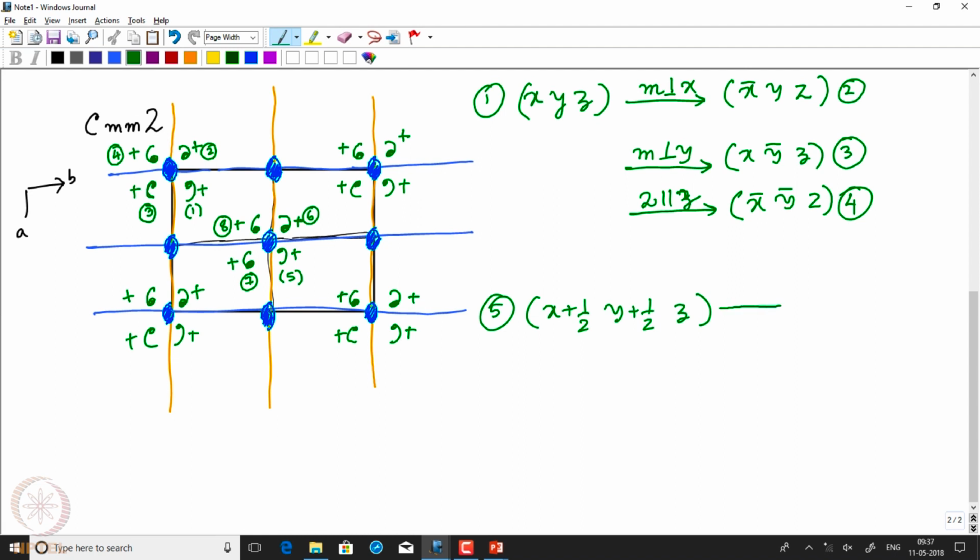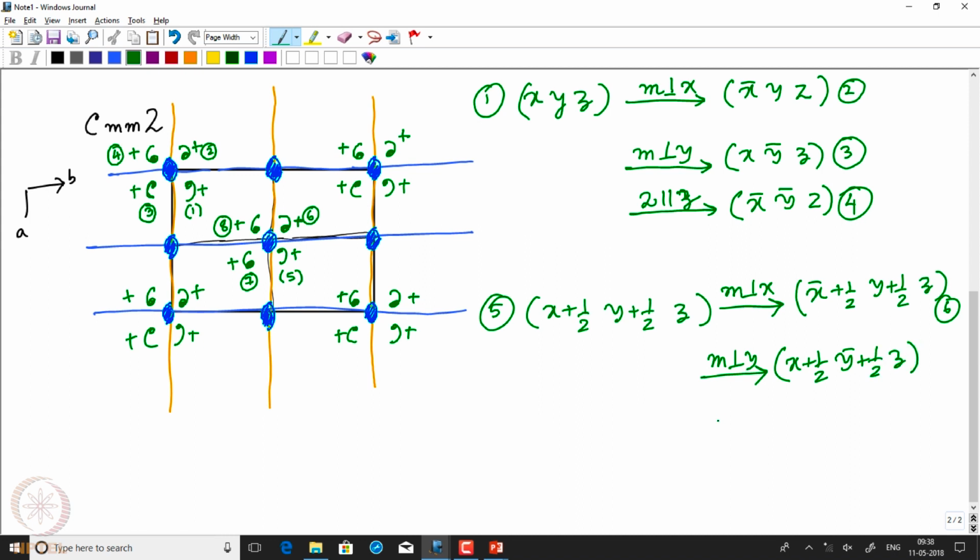In the same manner, if I apply it here, a mirror perpendicular to x gives me x bar plus half, y plus half, z, that is point number 6. A mirror perpendicular to y gives me x plus half, y bar plus half, z, and then a twofold parallel to z gives me x bar plus half, y bar plus half, z.